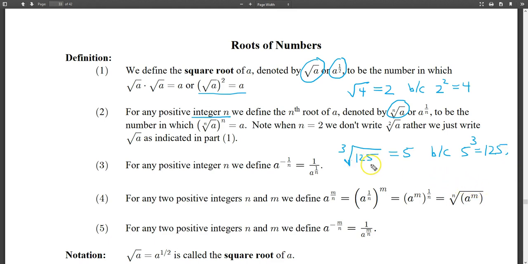Okay, so the cube root of 125 would be 5. We could evaluate that on our calculator as well. Maybe we'll do that quickly right here.